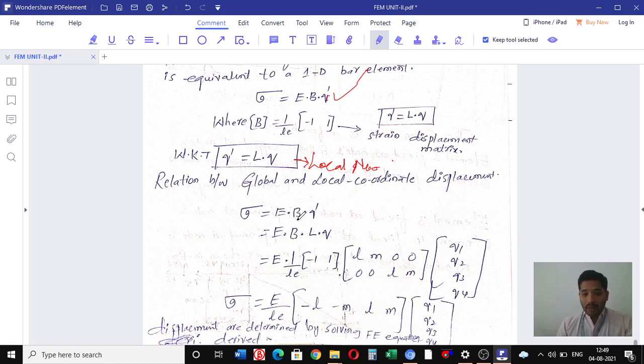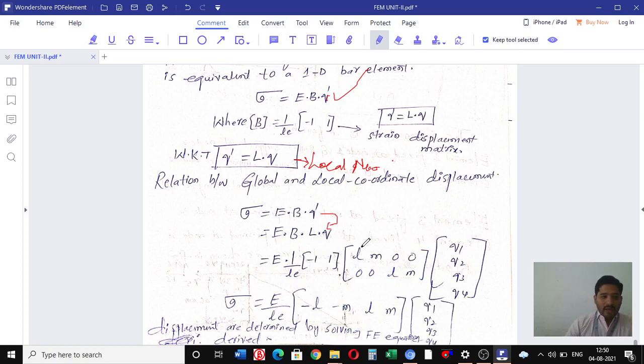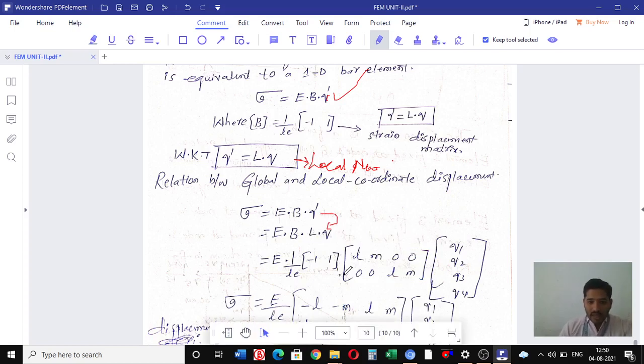B is 1 by LE into minus 1, 1, and for Q dash we can substitute L into Q, where L is the transformation matrix, L m 0 0, 0 0 L m, and Q is the global nodal displacement, Q1, Q2, Q3 and Q4.